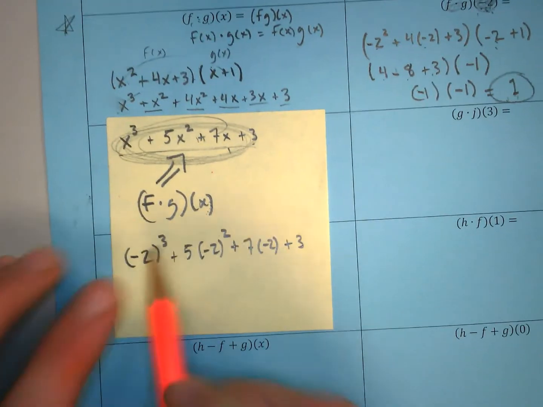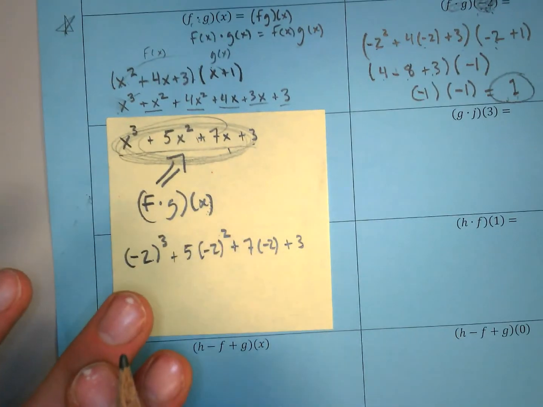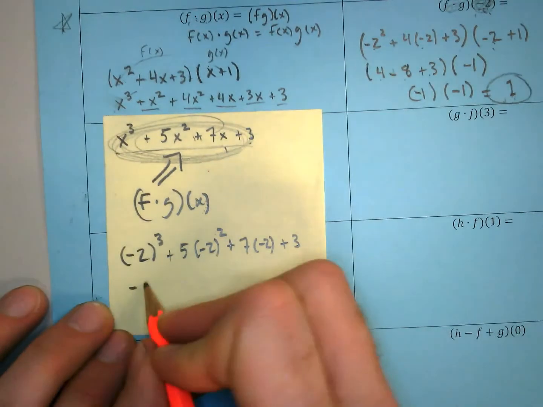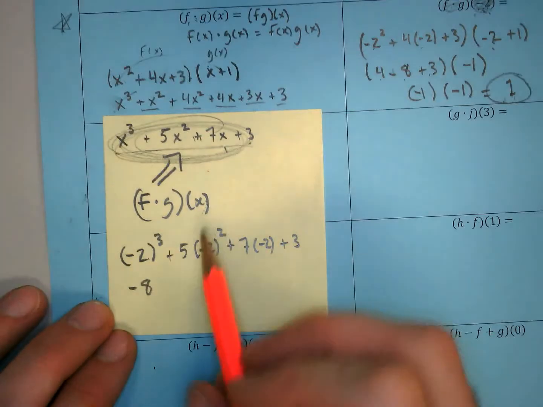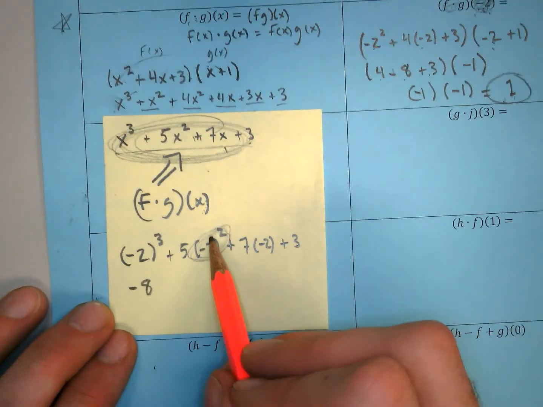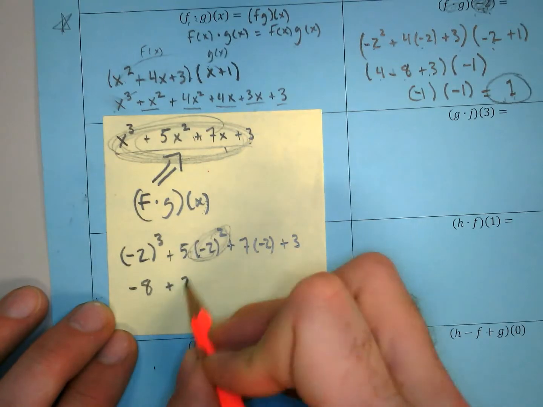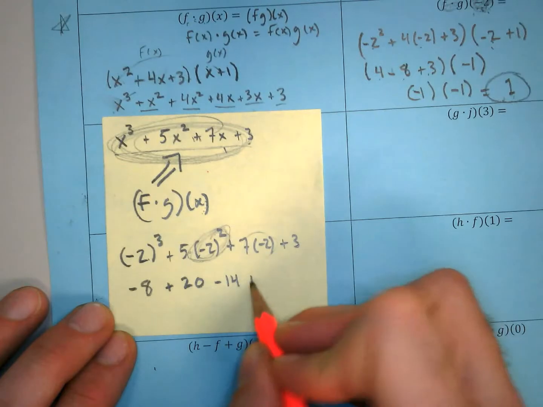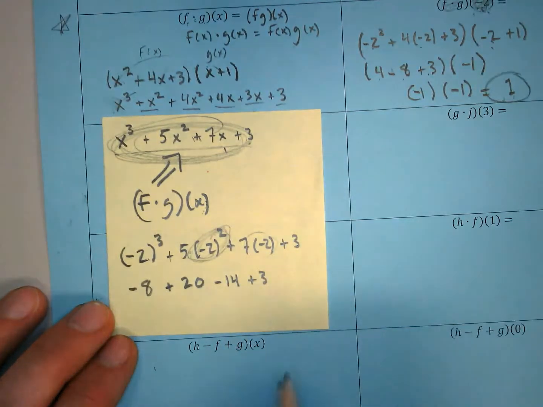Negative 2 to the third. Well, negative 2 times negative 2 is positive 4, times another negative 2 is negative 8. Careful here. You do this first, so that gives you a 4, then times 5, 20. This is a minus 14 plus 3. I don't know if this is going to work.